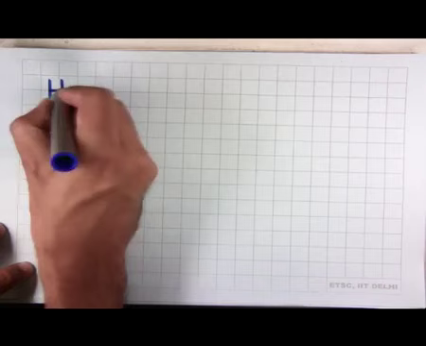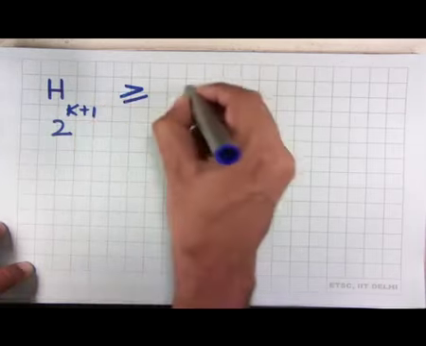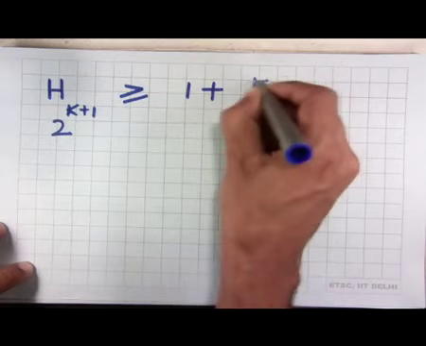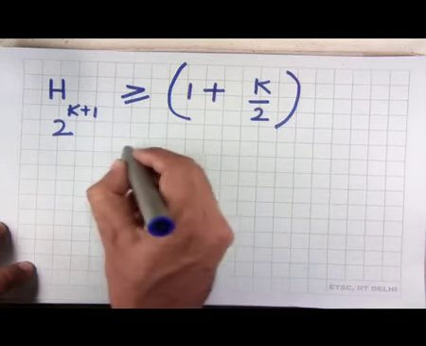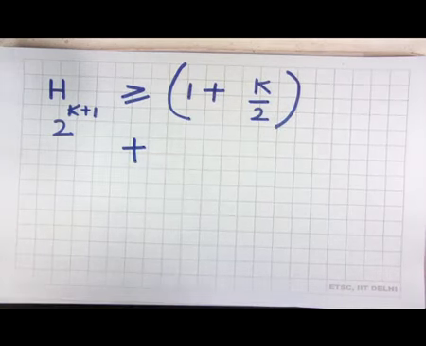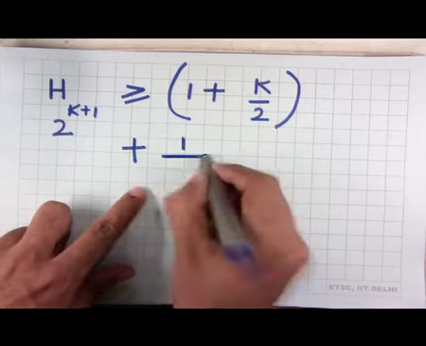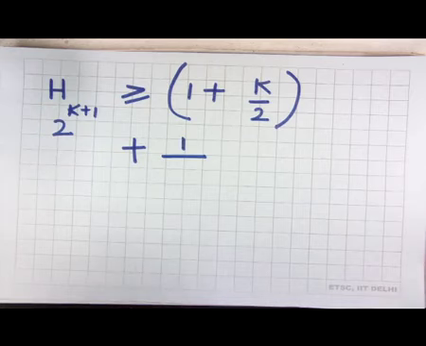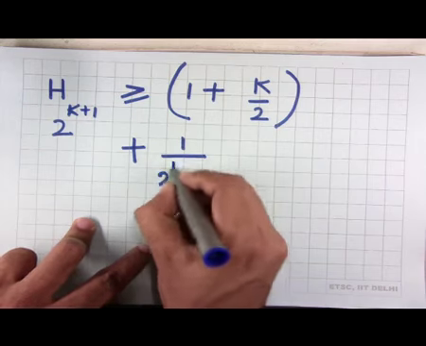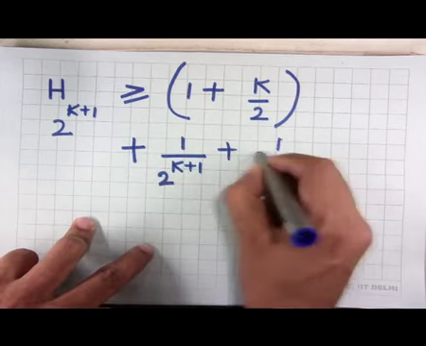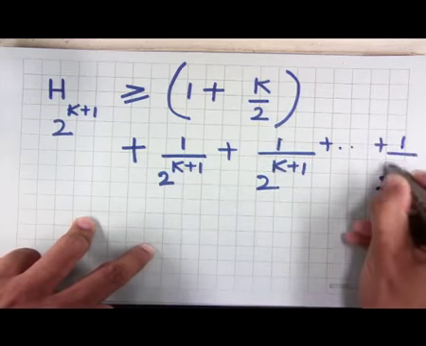Using these, we get that H 2 power k plus 1 is greater than or equal to 1 plus k by 2. This follows from the induction hypothesis, plus the remaining terms I am replacing by smaller quantities. So, this is 1 by 2 power k plus 1 plus 1 by 2 power k plus 1 and so on, 1 by 2 power k plus 1.